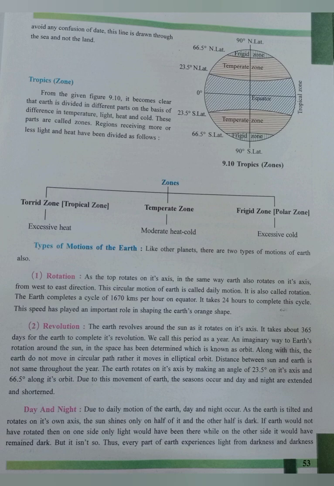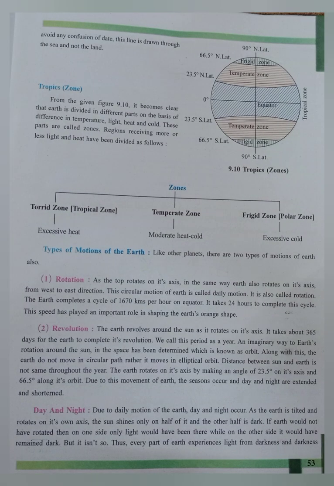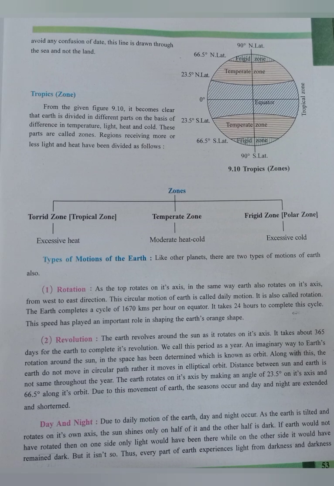Revolution. The earth revolves around the sun as it rotates on its axis. It takes about 365 days for the earth to complete its revolution. We call this period a year. An imaginary path of earth's rotation around the sun in space has been determined, which is known as orbit.